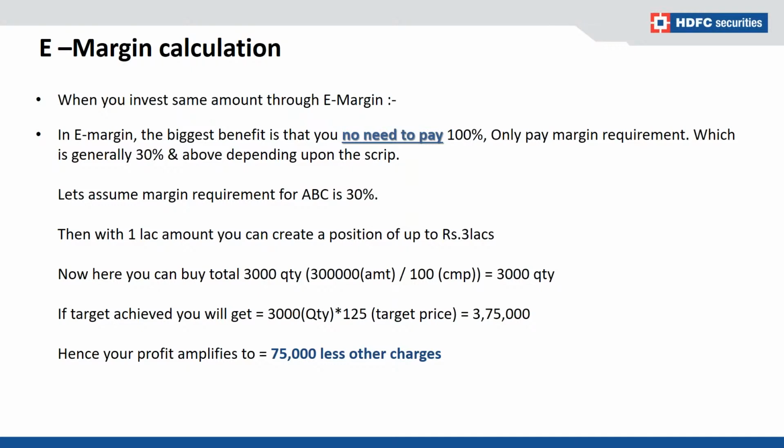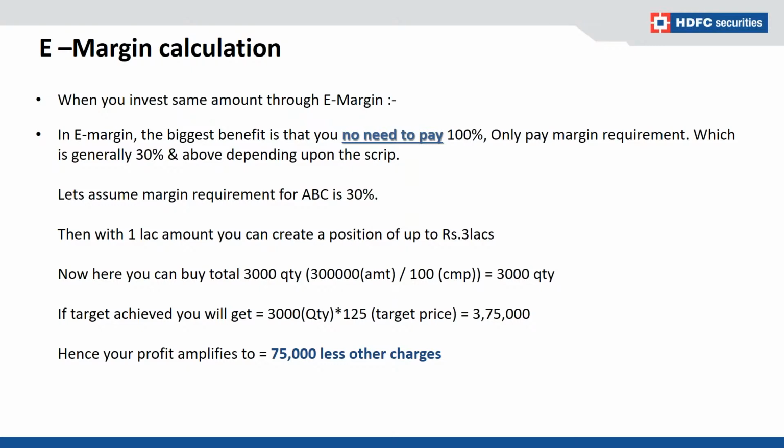If a customer wants to buy a position of 1 lakh, here the customer would be able to buy 3000 quantity, since 1 lakh would be considered as 30%. So I would allow the customer to buy more by paying only a fraction of the amount, which means the customer would be able to buy stocks worth 3 lakh rupees by paying 1 lakh rupees.